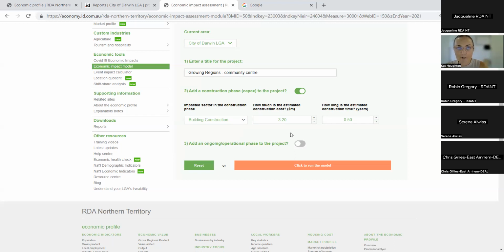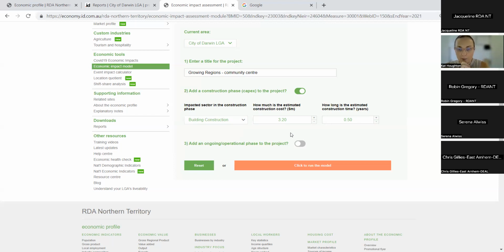Okay, now if you've got a project that is phased in over 5 years, say, for example, in the first year you're building one of a 3-building project, you will run the model 3 times.